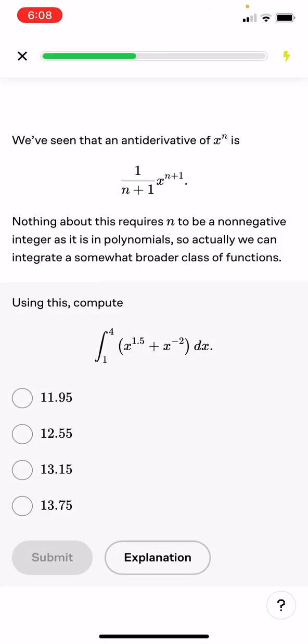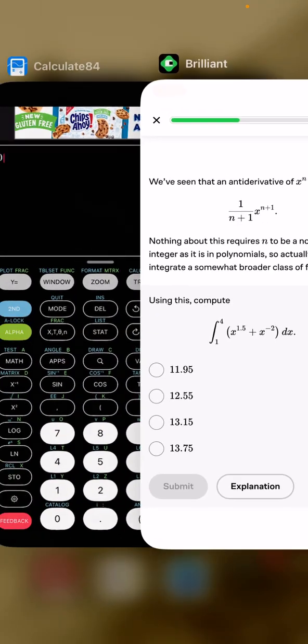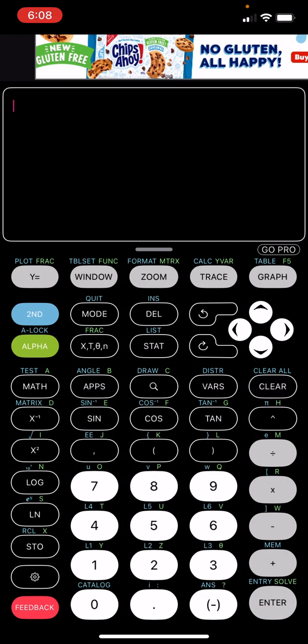I really don't know what it would be. C's will eliminate. Okay, 3. 4 to.